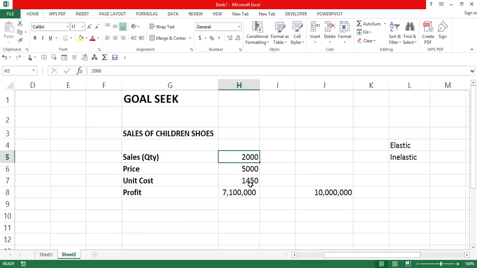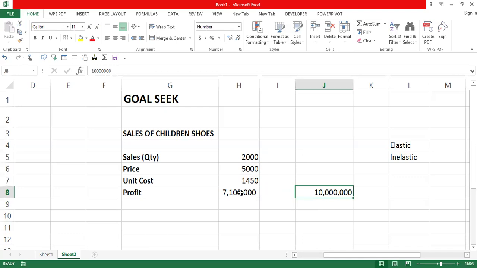Okay. All right. So now what we are going to do is we already know our objective. Our objective is to have a profit of this. So we want to see how much sales must we make, all other things being equal, to achieve this 10 million?